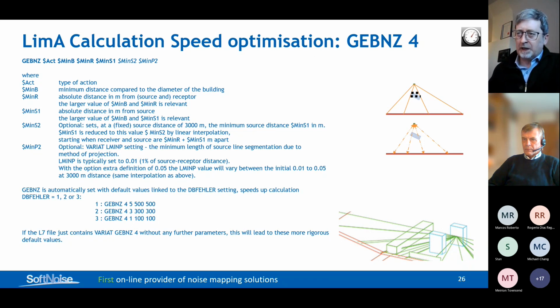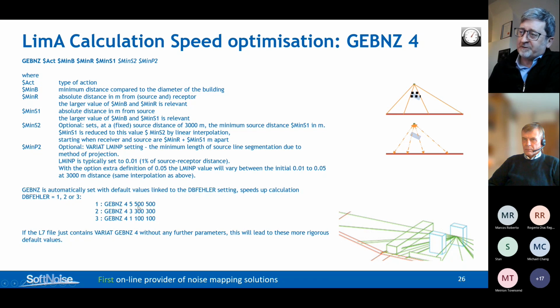However, GBNZ is automatically set with the default values as listed here when you use the dB failure setting. So in reality, you're automatically doing this when you use dB failure. So if you set dB failure to 1, you actually have a GBNZ setting which ignores the distant buildings.